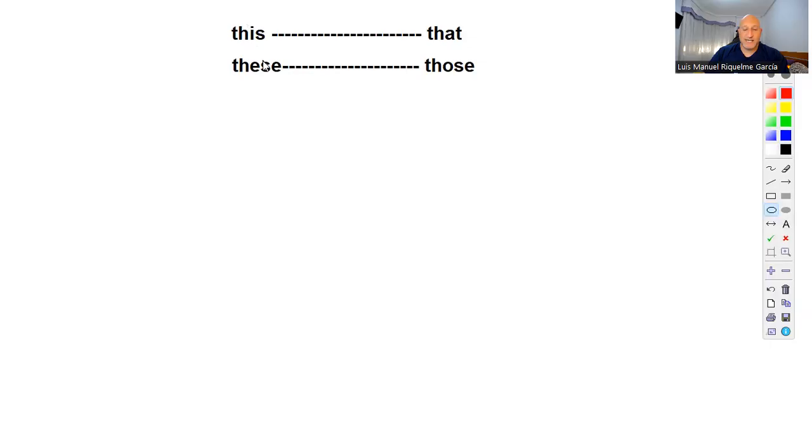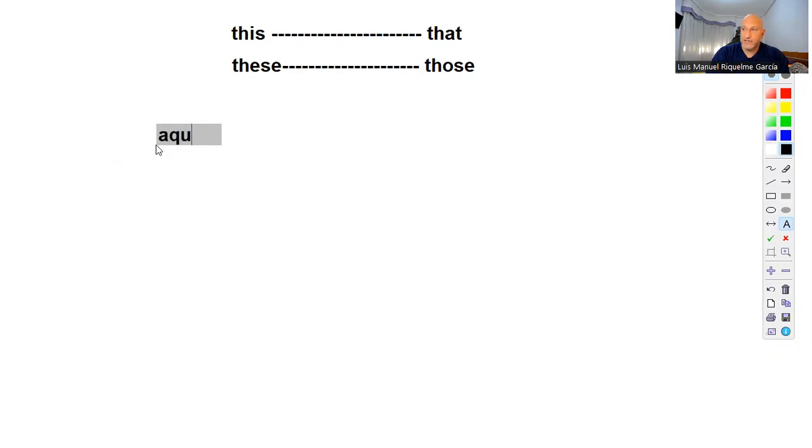In Spanish, sadly, it's a little bit more complicated, but we are going to break it down and you'll see how it works. First of all, in Spanish, sadly, we don't have only two distances. We don't have close or far. We have close, far, and very far. And the way that I'm going to use to identify that, to say if something is close or far, is using Spanish words.